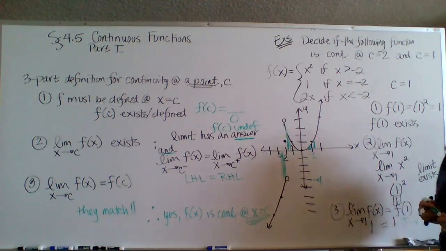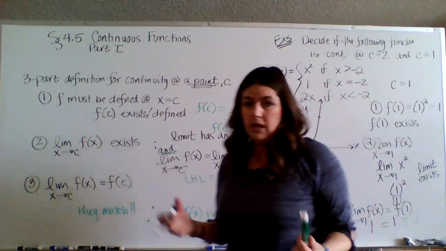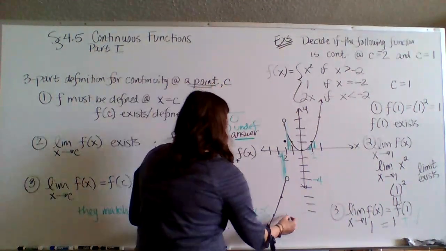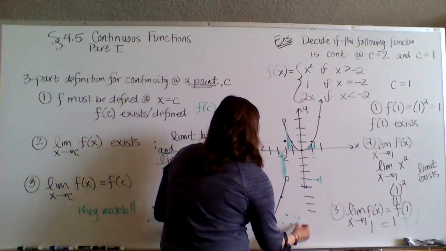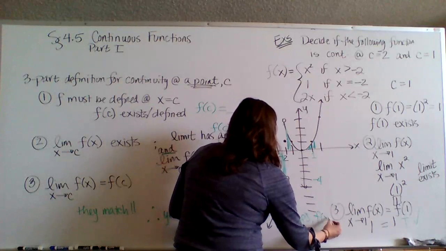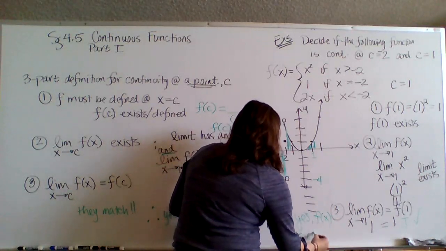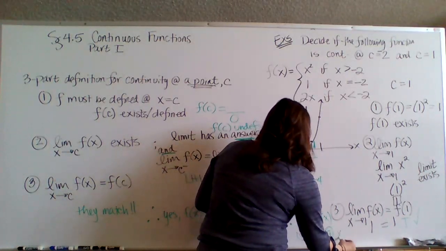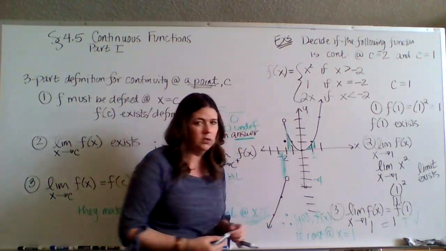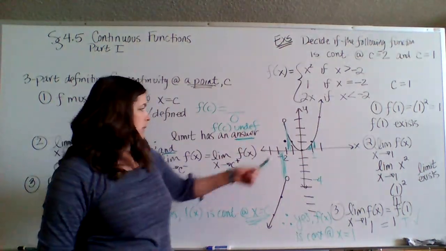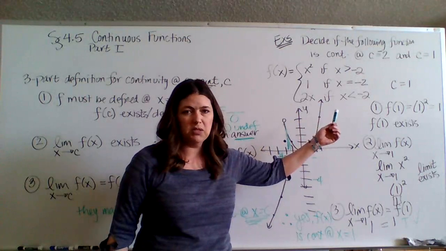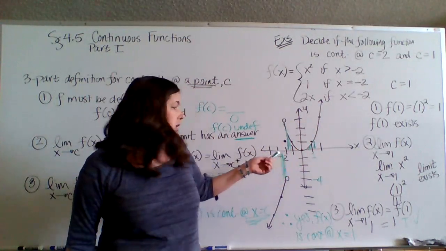Checks off. So couldn't we wrap it up and say, therefore, yes, f of x is continuous at x equals 1. Which, of course, if you graph it intuitively, you're going to know, because you're like, yep, I can trace right along here and never have to pick up my pencil. The only spot we have to pick up our pencil on is at -2.